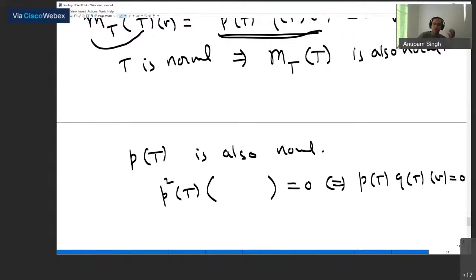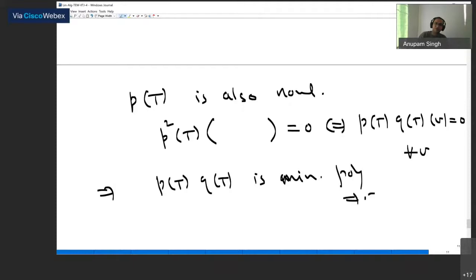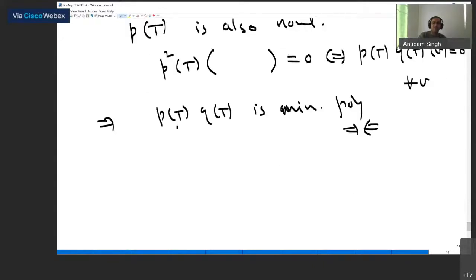Then the kernel of P^2(T) is the same as the kernel of P(T), right? This happens for all v. This implies that P(T) Q(T) is the minimal polynomial, which is a contradiction, because I assumed that the minimal polynomial is P^2(T) times Q(T). So no higher power can appear in the minimal polynomial. This proves that fact. All right.